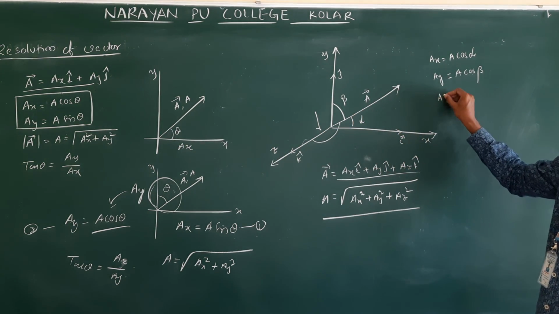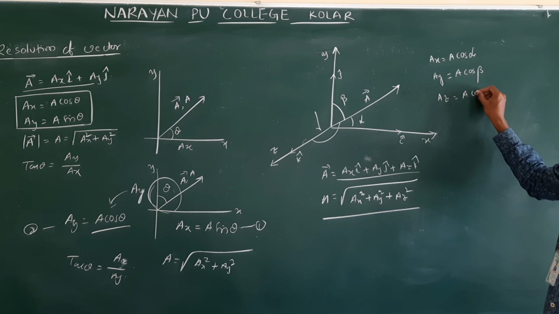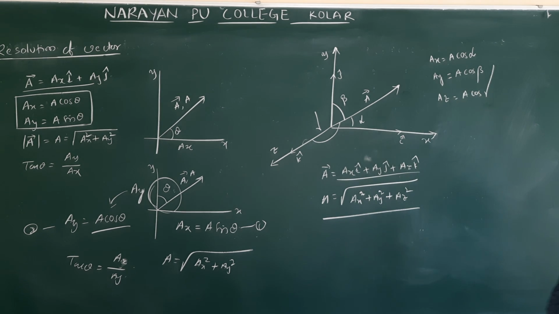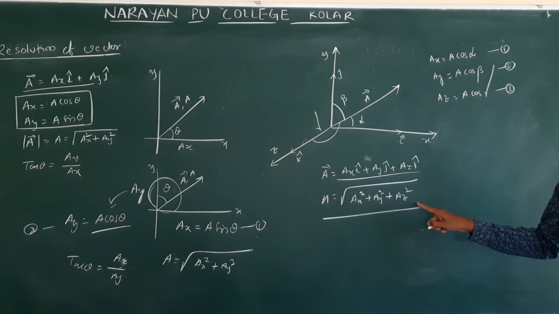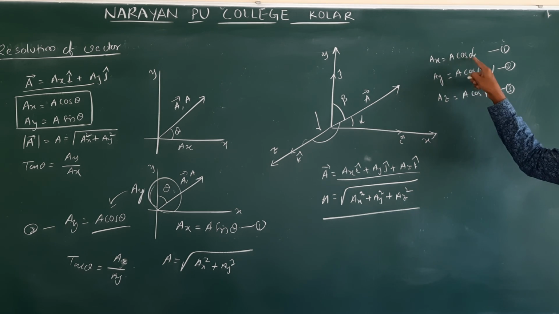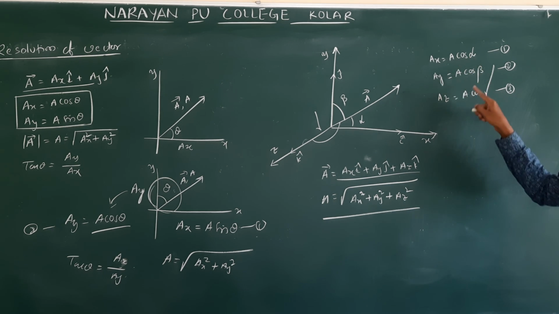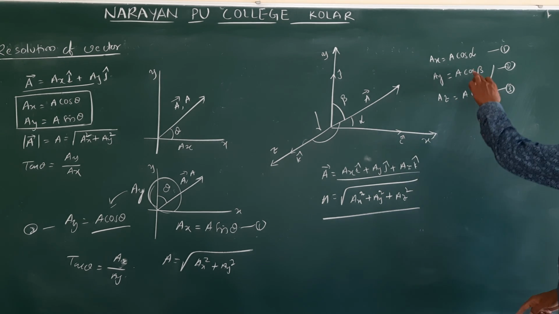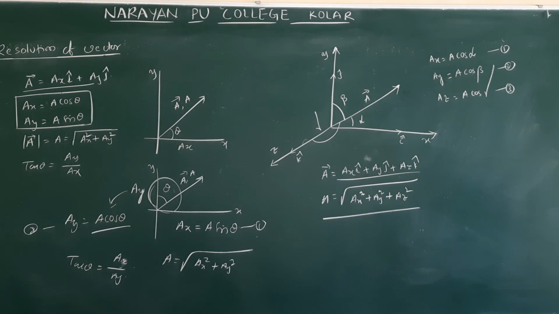So az is equal to a cos gamma. Clear? Then equation 1, equation 2, equation 3. If you square and add, you will get this equation: a square cos square alpha, a square cos square beta, a square cos square gamma. A square is common: cos square alpha plus cos square beta plus cos square gamma.